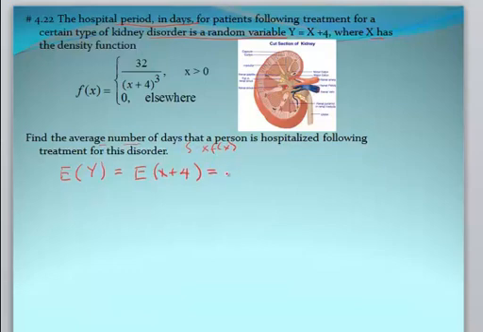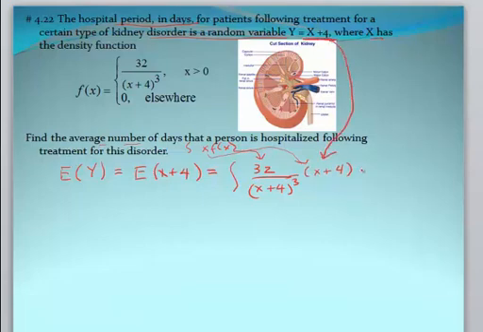So we'll do exactly that. This function right here is 32 over x plus 4 to the third. That's our f of x right there. Our x part would just be x plus 4, right from here.